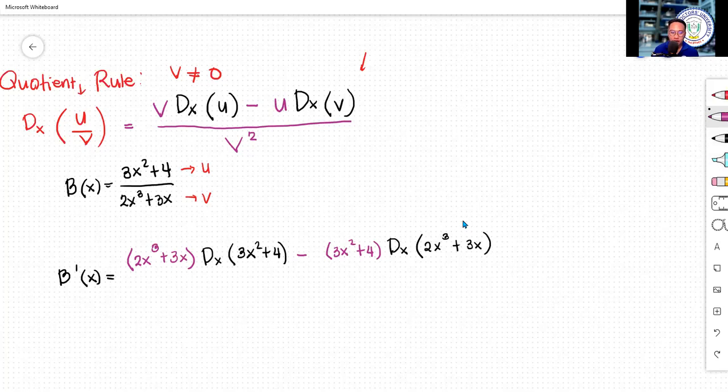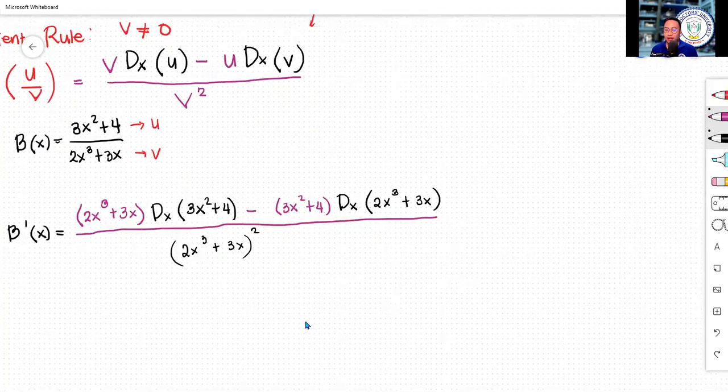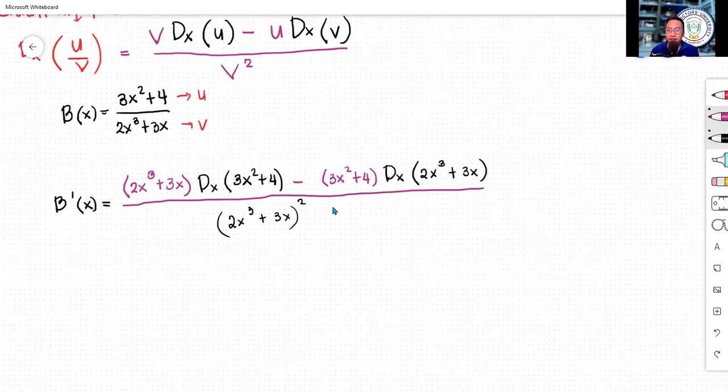Over, follow the line here. Over there, 2x cubed plus 3x squared. See?